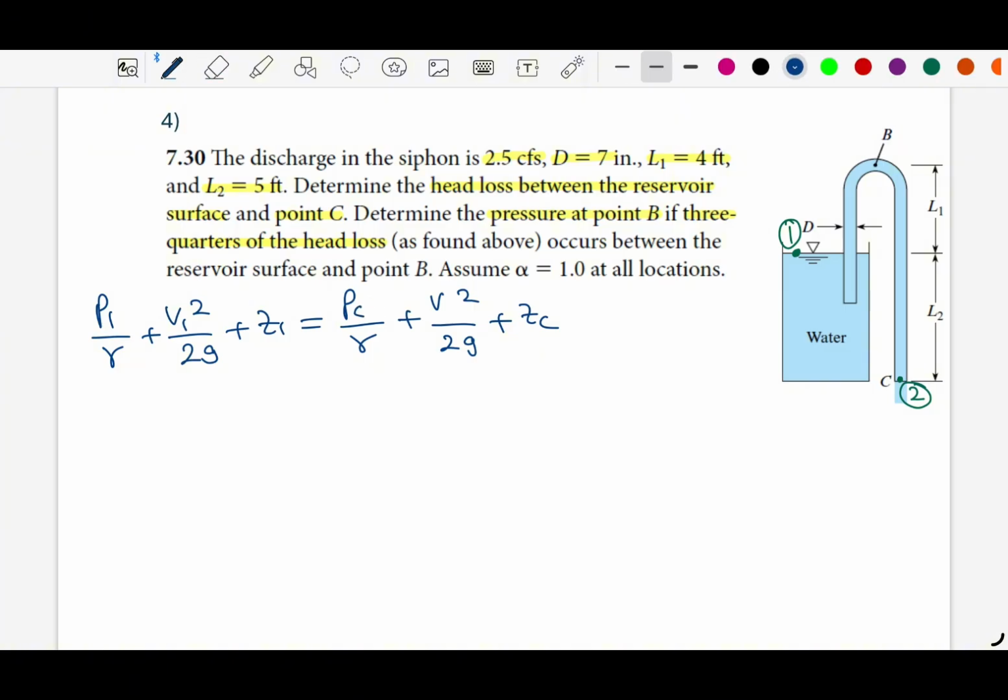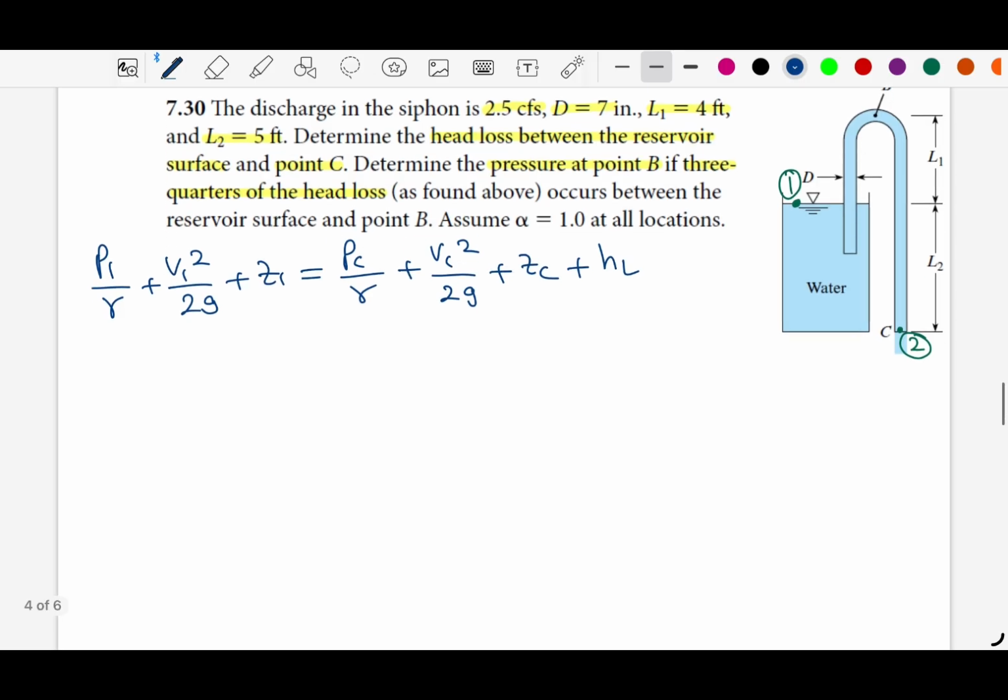These are actually C, so let me write C. And we will have head loss. So let's start with estimating some values. So first of all, the point 1 is open to atmosphere, so we will have 0 pressure. And since it is the water surface, we will have 0 velocity.